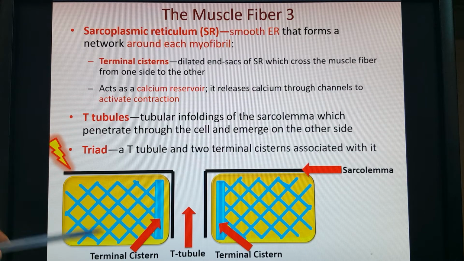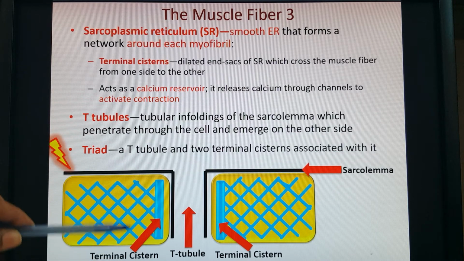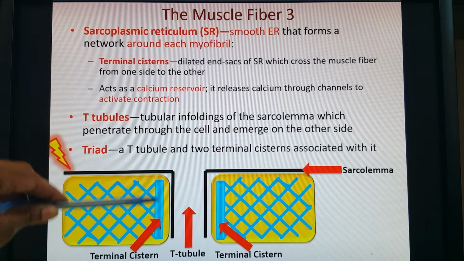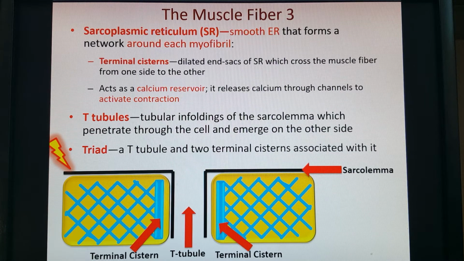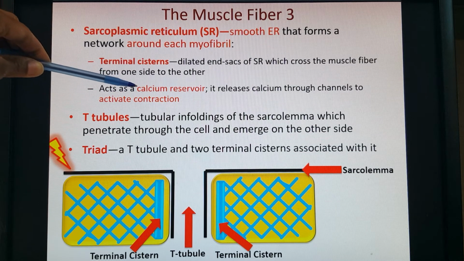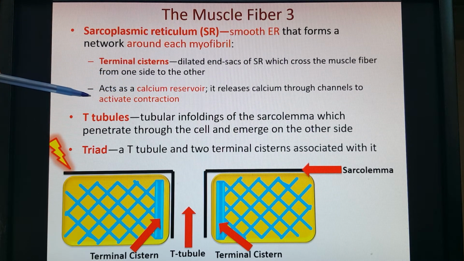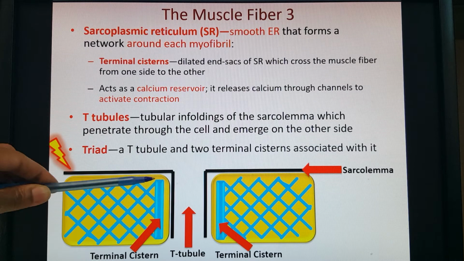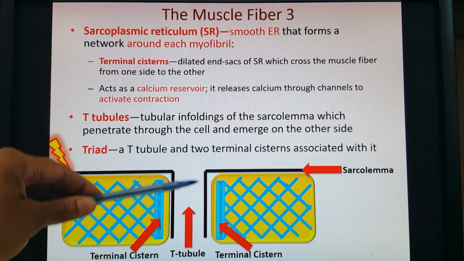So our little blue cages here, and I have a better cartoon later, these little blue cages wrap around our myofibrils. And at the end, we have this structure called the terminal cisterns. The job of the terminal cisterns is to collect and store calcium, and it is released in order to activate our contraction. Another feature near our terminal cisterns is our T-tubules.